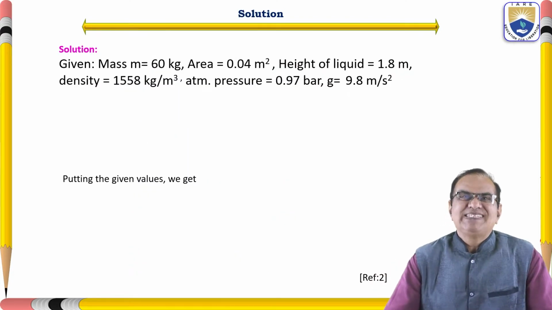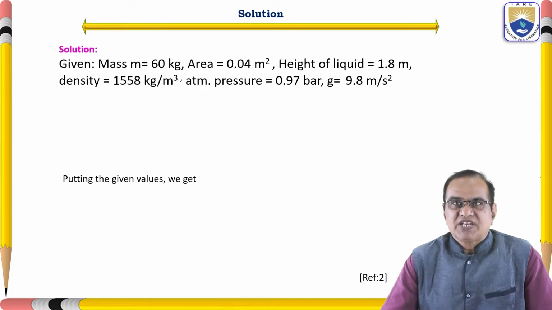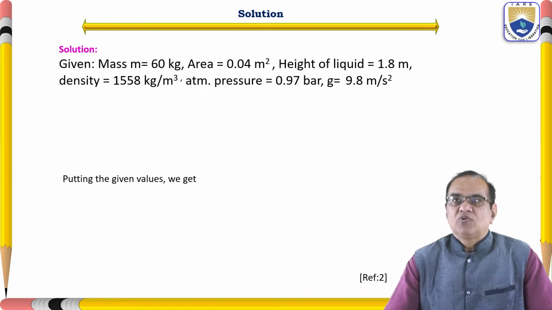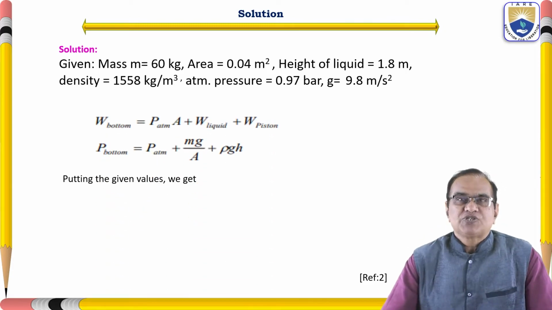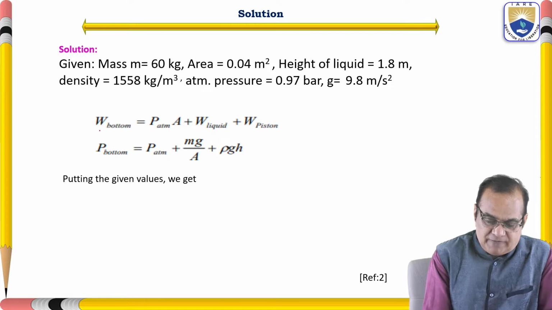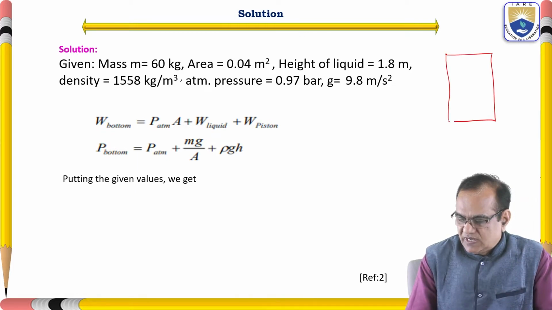So here is the solution of this problem. Given: mass is equal to 60 kg, area is 0.04 meter square, height of the liquid is equal to 1.8 meter, density of the liquid is 1558 kg per meter cube, atmospheric pressure is 0.97 bar, and G is equal to 9.8 meter per second square. This is the bottom.